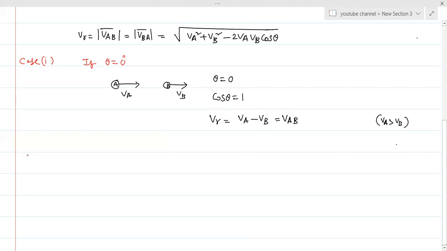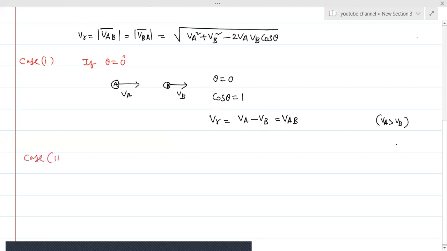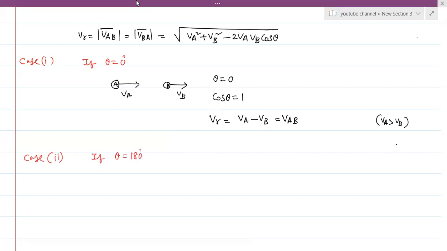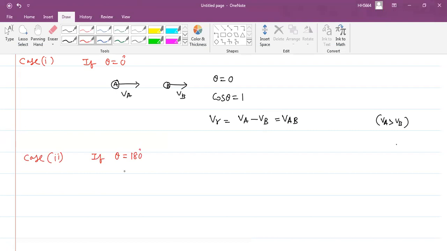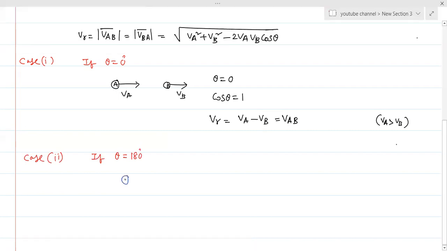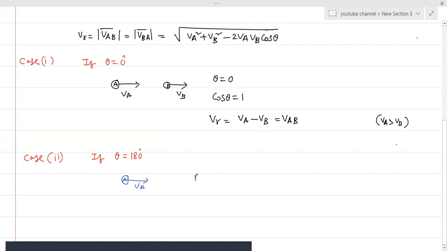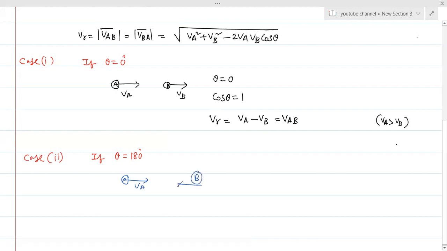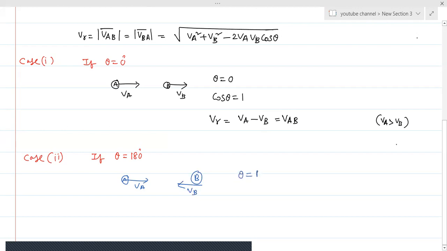And we are taking the next case. Suppose they are moving in opposite direction, if theta is equivalent to, let us say, 180 degrees here. So both bodies are moving in opposite direction. For example, A is moving with VA and B is moving against A. This is theta equivalent to 180 degrees.